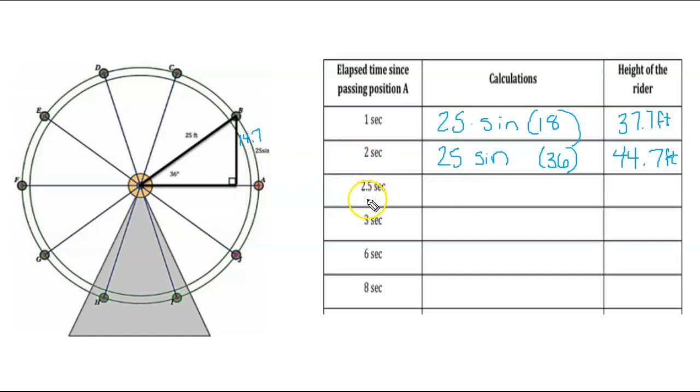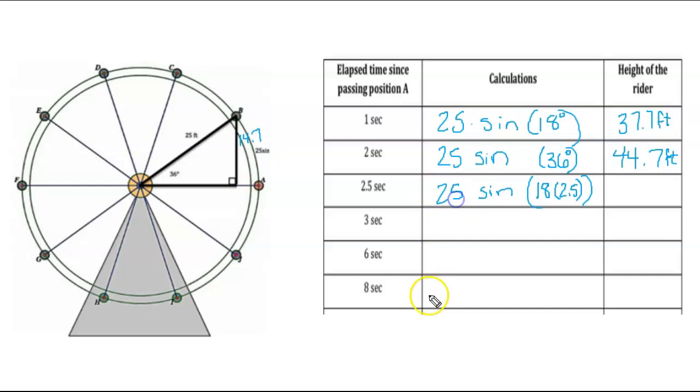Now we're going 2.5 seconds. So let's see, 18 times 2.5. So really, to figure out what our angle is here, all we're doing is taking our angular speed, the 18 degrees per second, and we're multiplying it by how many seconds we're going. So this time we would do 2.5 seconds. So that's how we're figuring out what our actual angle is that we're plugging inside of our sine.